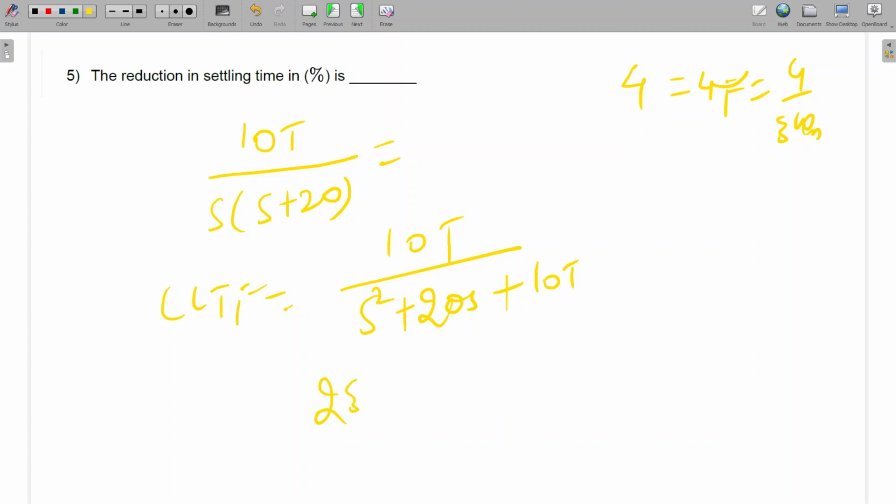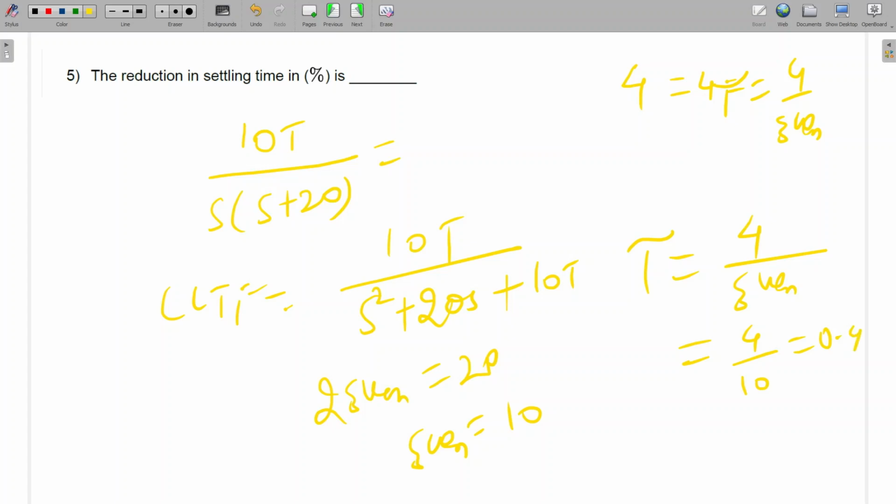So 2 zeta omega n is equal to 20, and zeta omega n will be equal to 10.